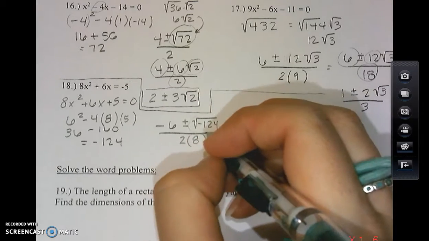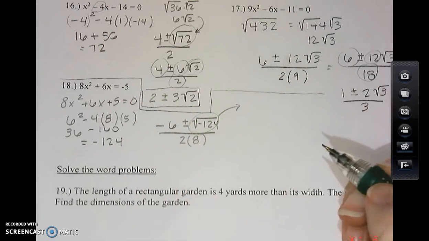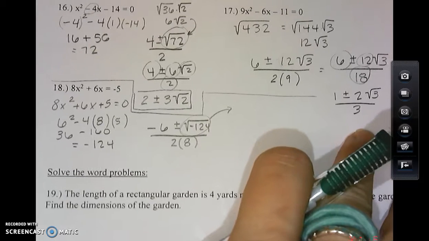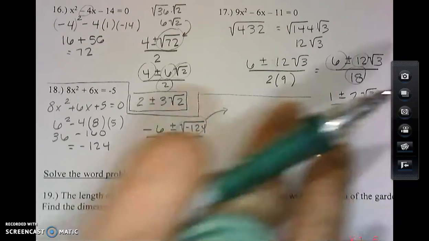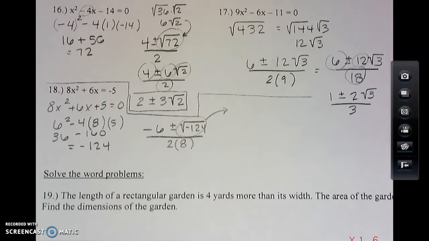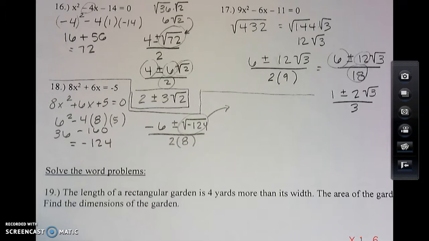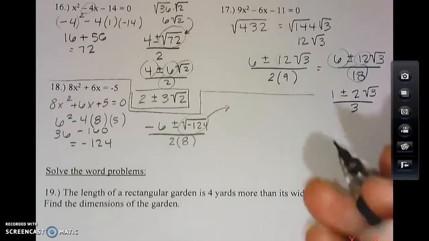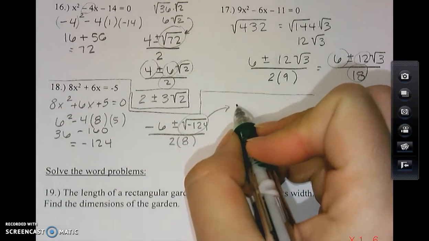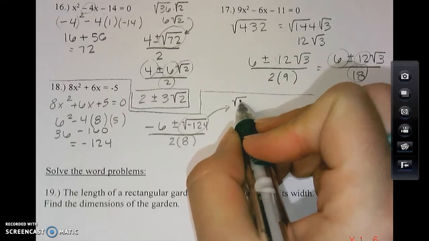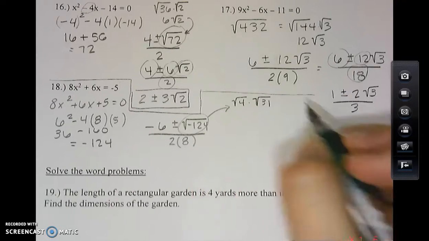All right, so let's simplify this. So negative 124, I actually can... so sorry, I have a tickle in my throat. Okay, so we can take 124, and if we divide that by 4, that gives me 31. So this is square root of 4 times square root of 31.